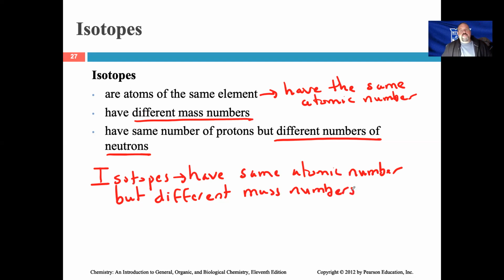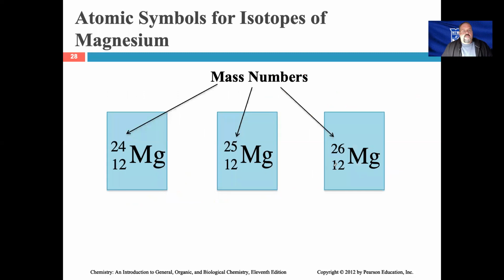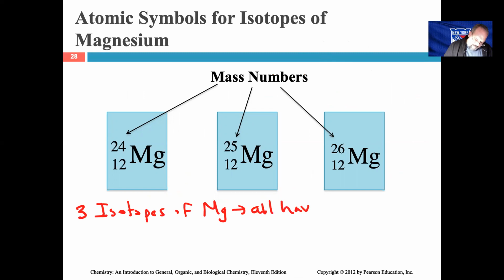Okay, so let's take a look at an example. Magnesium, okay? There are 3 isotopes that exist for magnesium. They all have 12 protons. Why? Because the only element in the periodic table with an atomic number of 12 is magnesium.